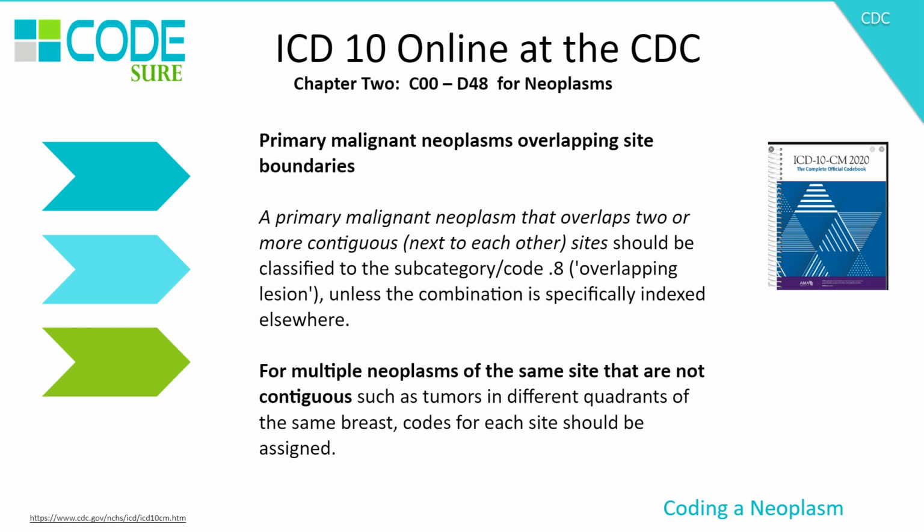As we begin to look at codes with the browser tool, we will review the notes that are associated with specific neoplasms. For multiple neoplasms of the same site that are not contiguous, such as tumors in different quadrants of the same breast, codes for each site should be assigned. That means you can have several codes for breast tumors.